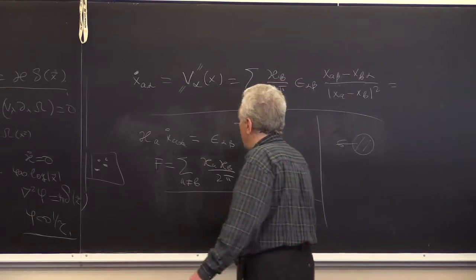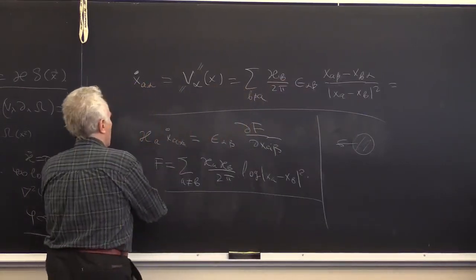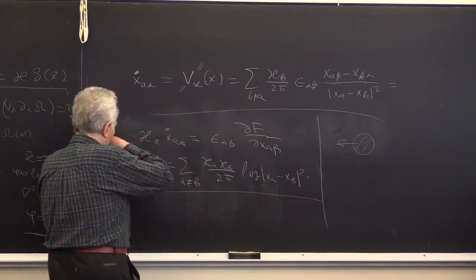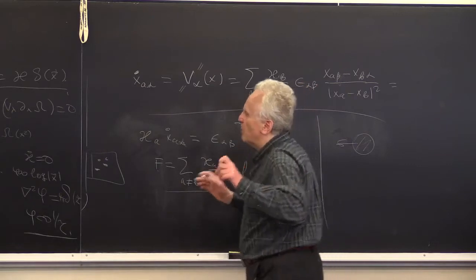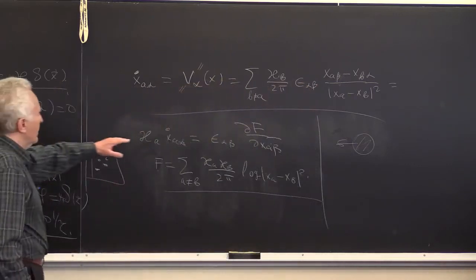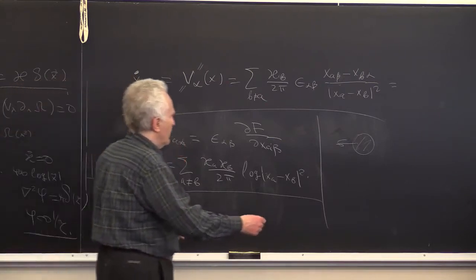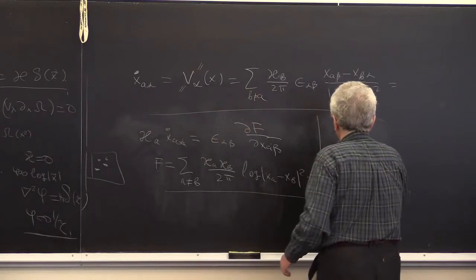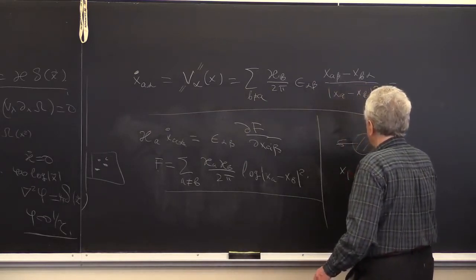Actually, the answer is very, very simple. The most important part is that the phase space here is simply the coordinates of the vortices. If you have a single vortex, it has coordinates x1 and x2.